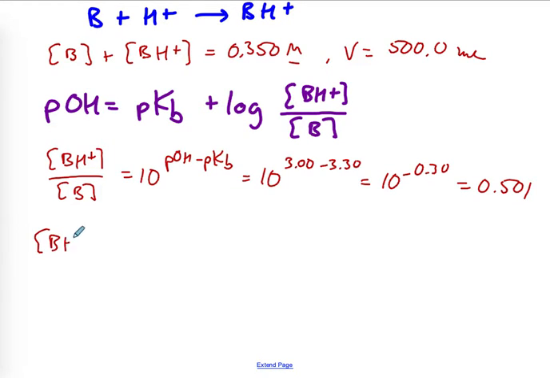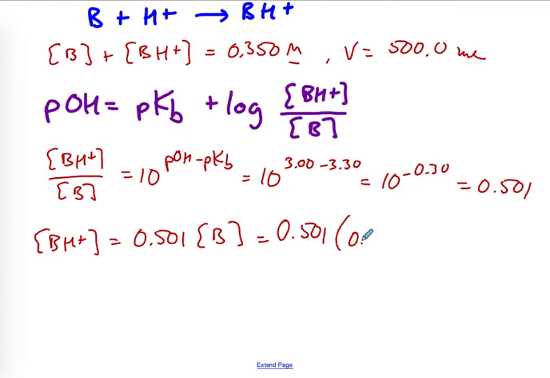That means that my concentration of the conjugate acid, the dimethylammonium ion, is 0.501 times the concentration of dimethylamine, which equals 0.501 times the total concentration minus the concentration of BH+.